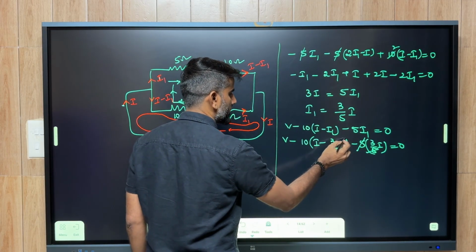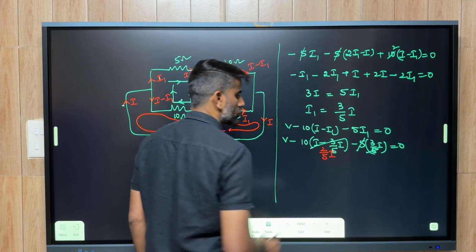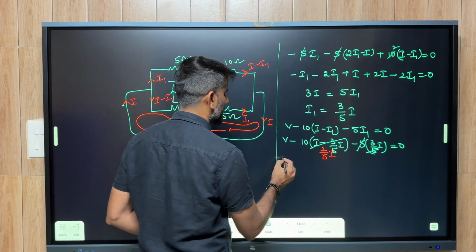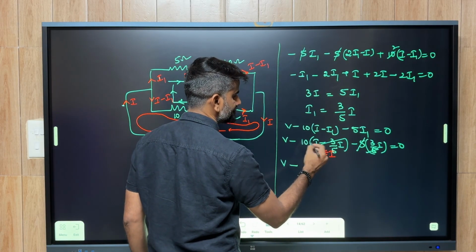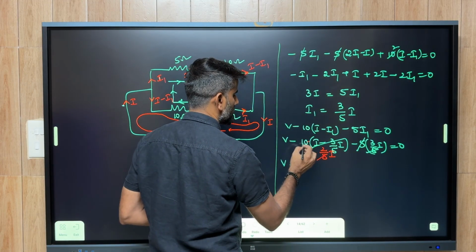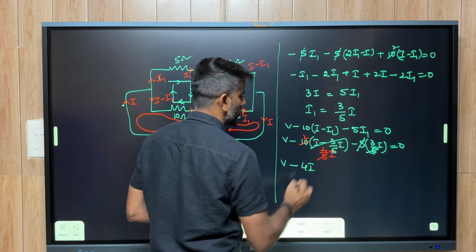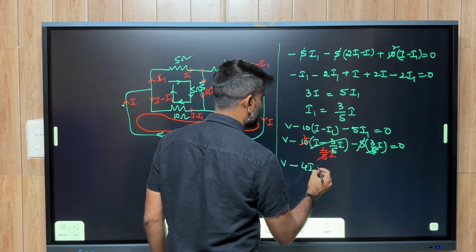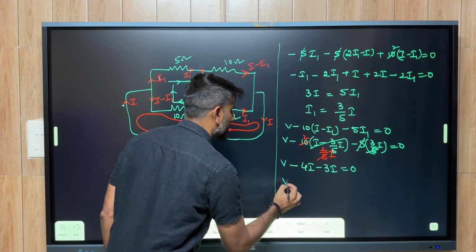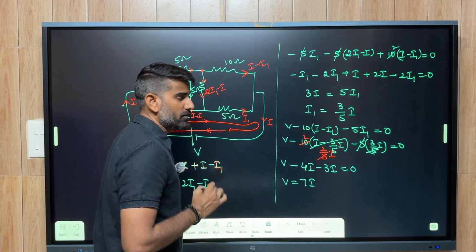If you simplify this, the entire thing will come out to be 2 by 5 I. If I rewrite this equation, I'll be getting V minus 10 into 2 by 5, which is 4I, and then minus 3I is equal to 0. Now V is equal to 7I.